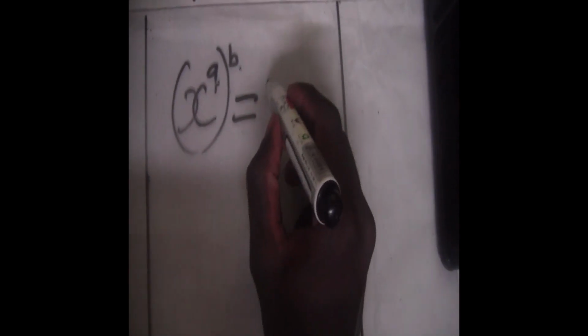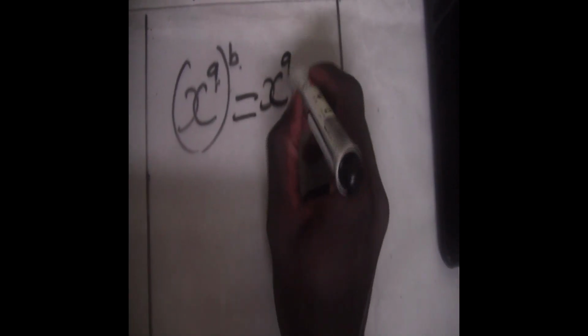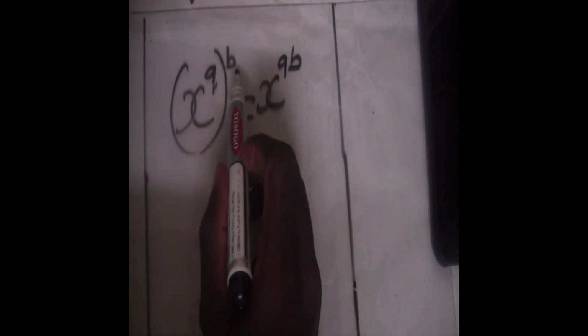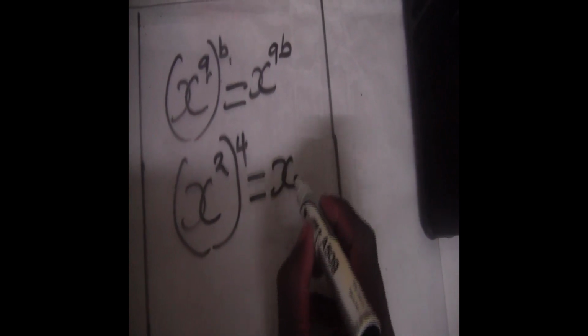So the answer will be x raised to power ab. Now let's replace these letters with numbers. Example, x raised to power 2, all raised to power 4. Our answer will be x raised to power 2 times 4, which is x raised to power 8.